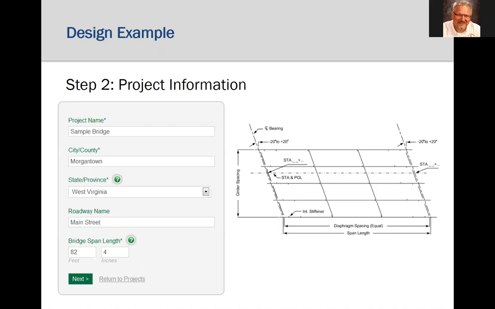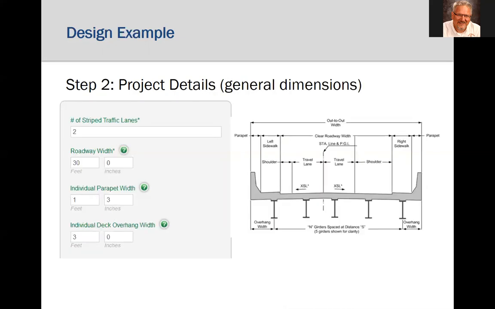You input the basic information. Here is the project name, where it's located, and then the span length. Then we define the number of traffic lanes that are on the bridge, the roadway width, the parapet width, and the overhang width.